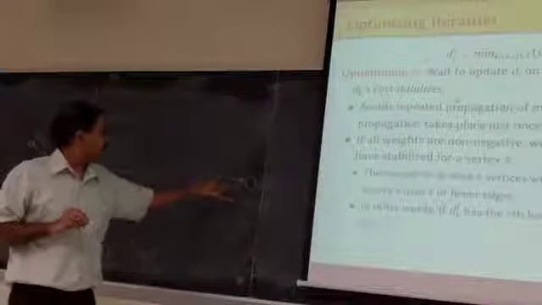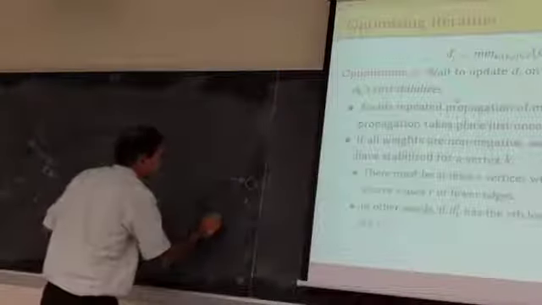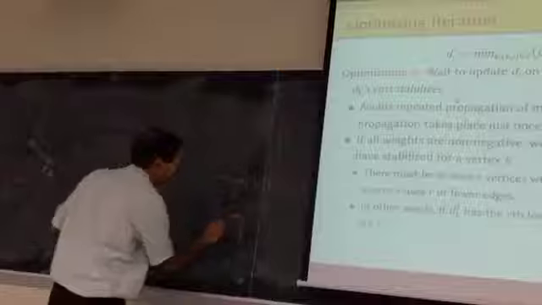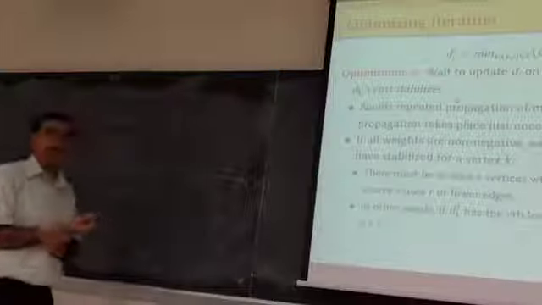Because whichever has the lowest weight edge. S has, let's say, W1 and W2. Let's say this cost is 2, this cost is 3, and S doesn't have any other neighbors. So after one step, you know for sure that W1 is the closest neighbor.